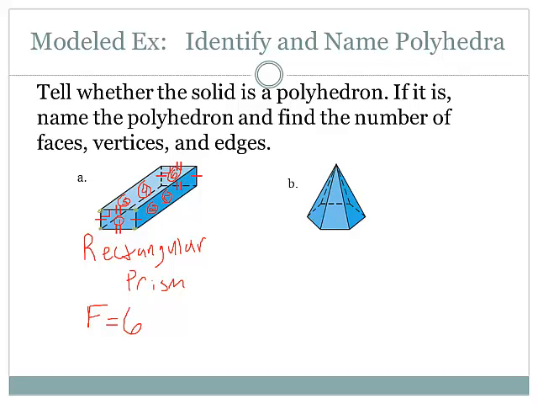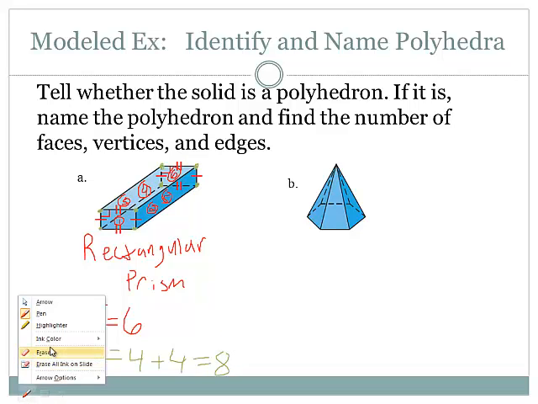So I have vertices, so we're going to call that V. We have 4, and we should have more, so I'm going to do plus. I see vertices here, here, here, and finally on the back, which will be another one. So we have 4 back there, which will give us a total of 8 vertices.